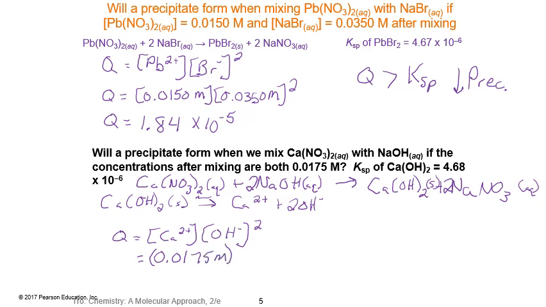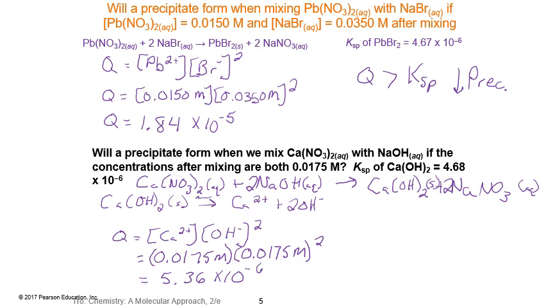Sodium hydroxide, again, there's only 1 hydroxide, so that will be equal to the concentration. Sodium hydroxide, we have to square it. We end up with 5.36 times 10 to the negative 6th power.